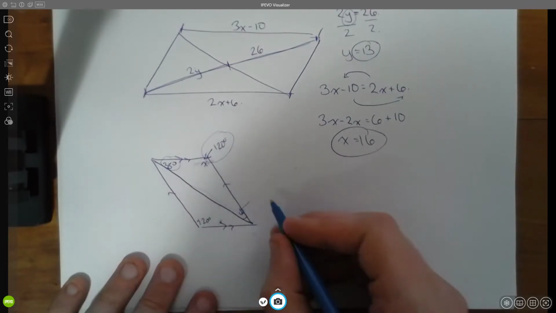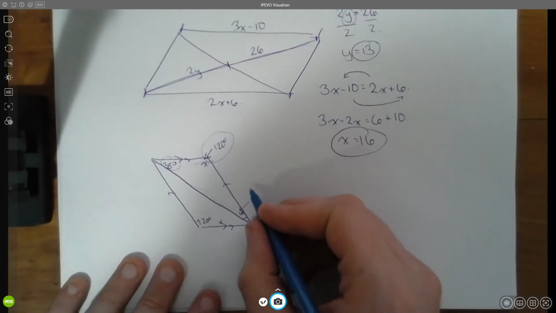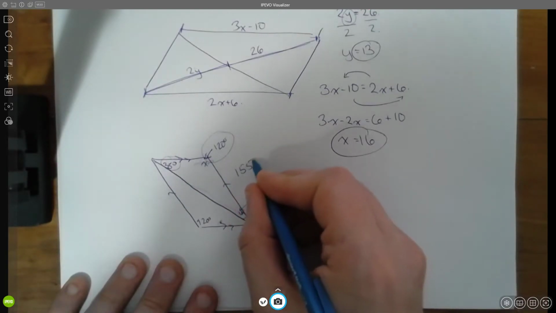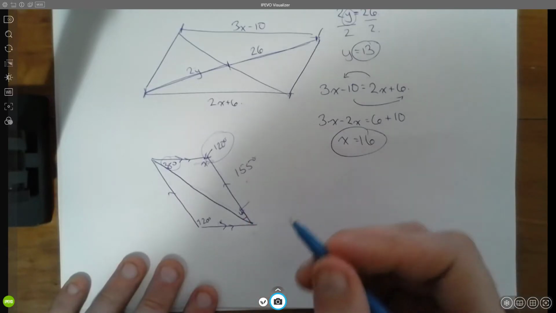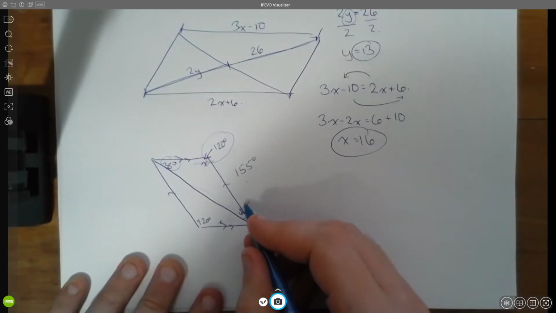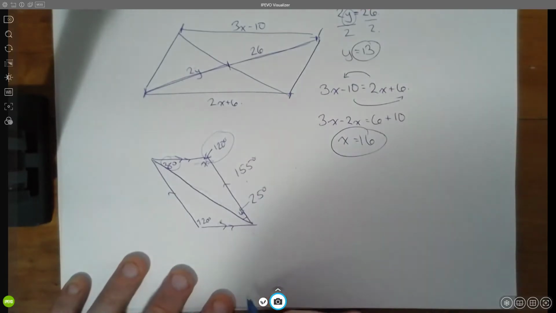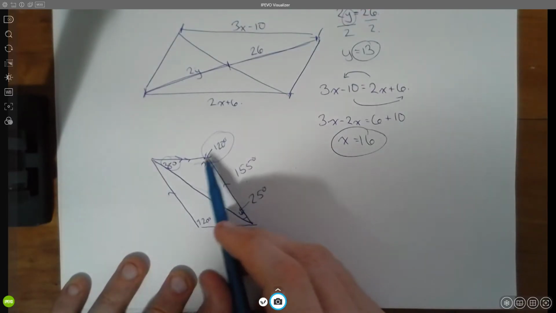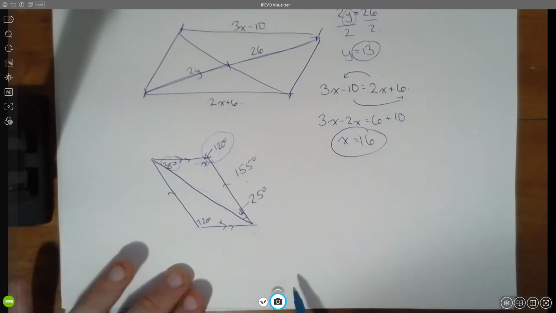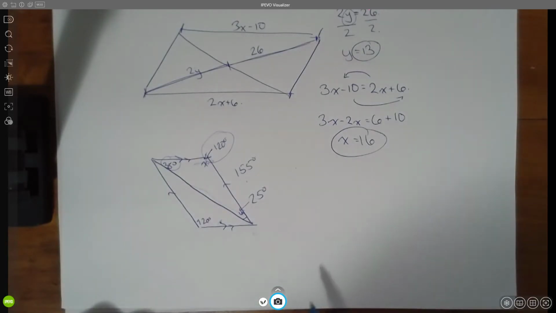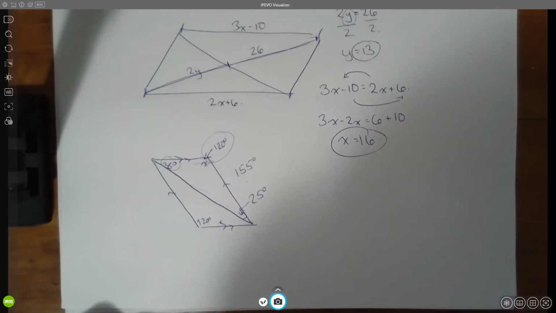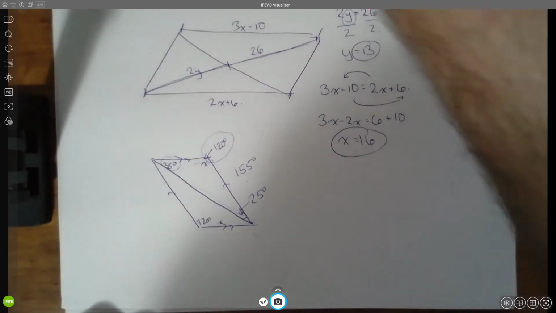So 120 plus 120 plus 35 gives us 155 degrees, which means that y must be the remaining 25 degrees to get us to 180. You can always double check your answer. 120 plus 35 plus 25 should equal the 180 degrees needed in order to complete that particular triangle.